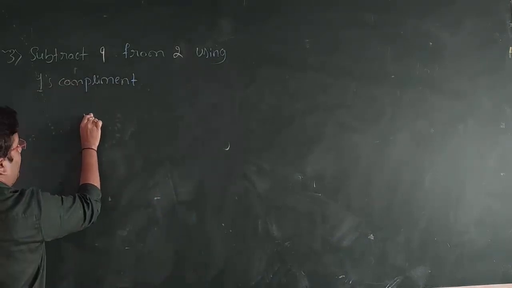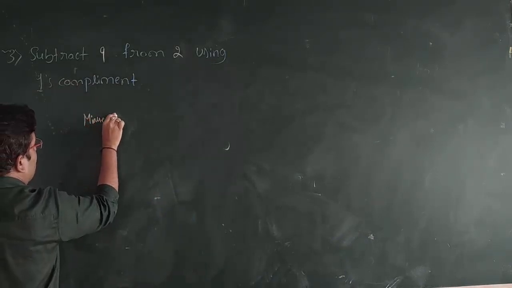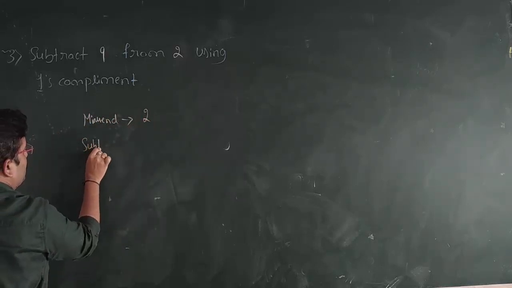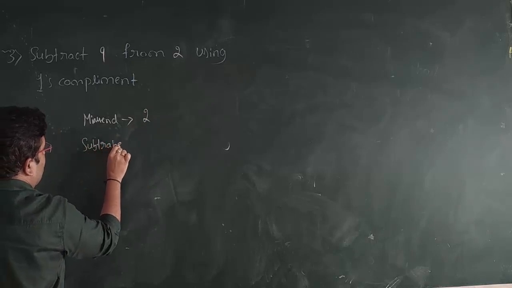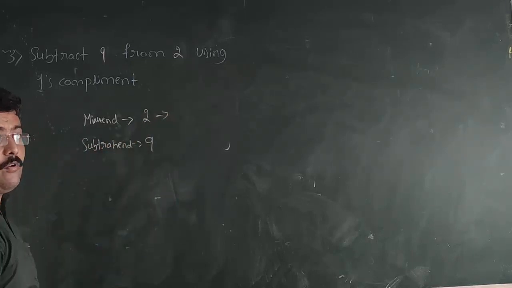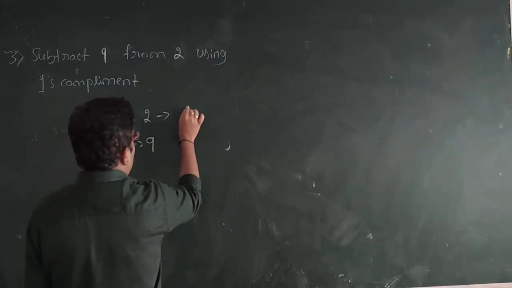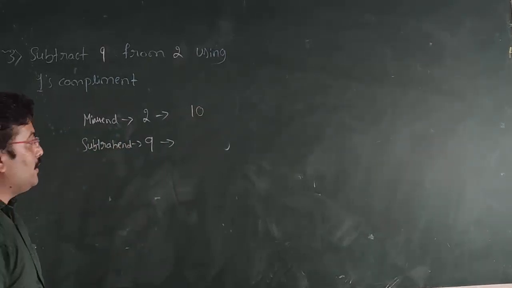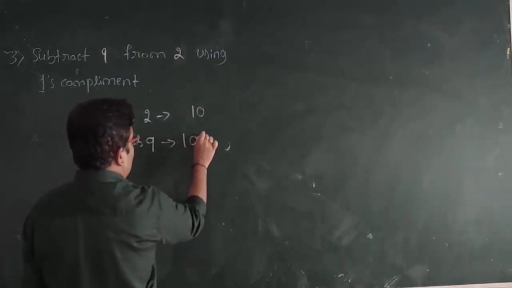So my minuend is 2 and subtrahend is 9. The binary number of 2 is 10, and the binary number of 9 is 1001.